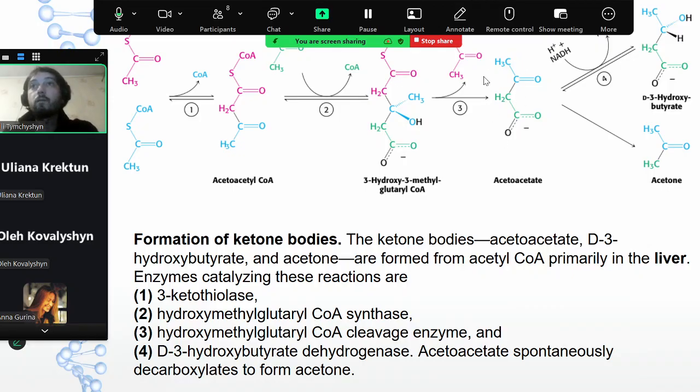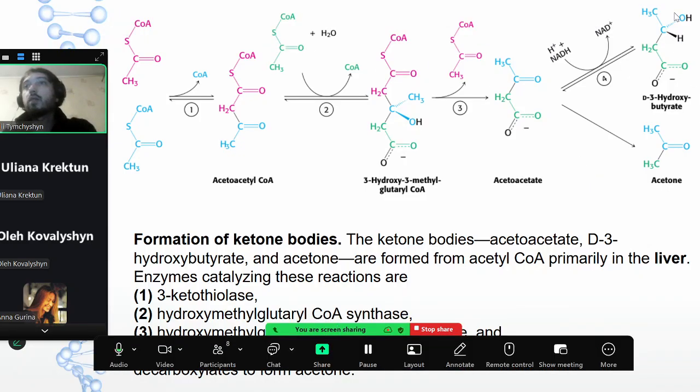you get the acetoacetate. So here it is, and now this acetoacetate can spontaneously decarboxylate into the acetone, or under the action of D-3-hydroxybutyrate dehydrogenase, it can be transformed into the D-3-hydroxybutyrate.